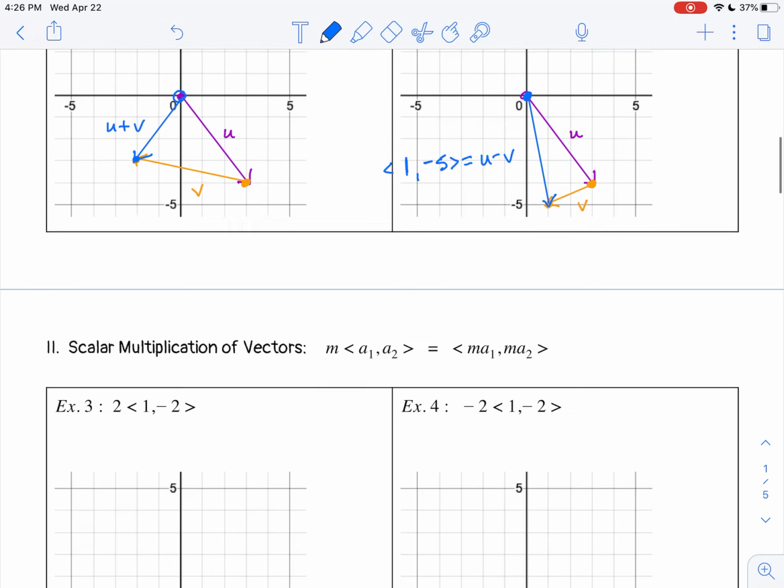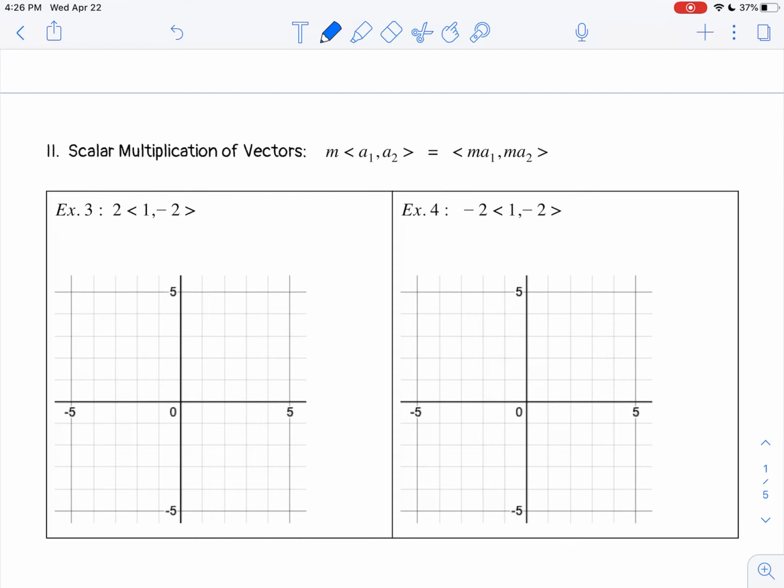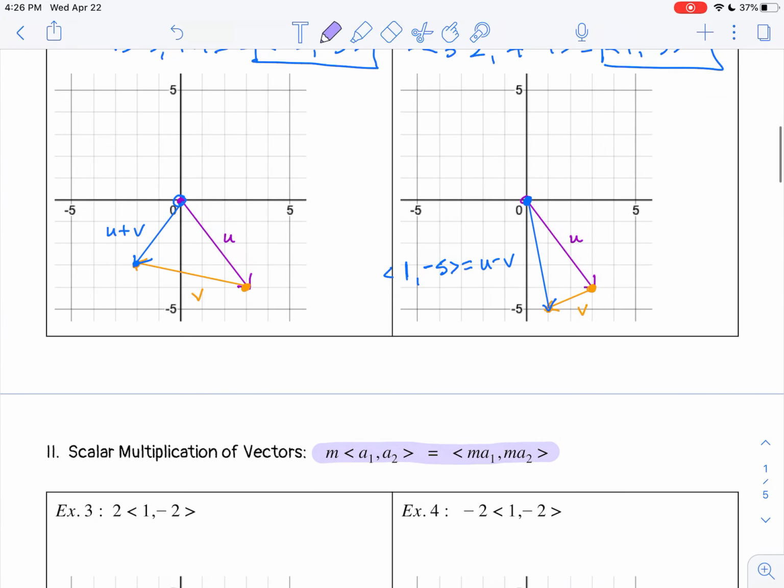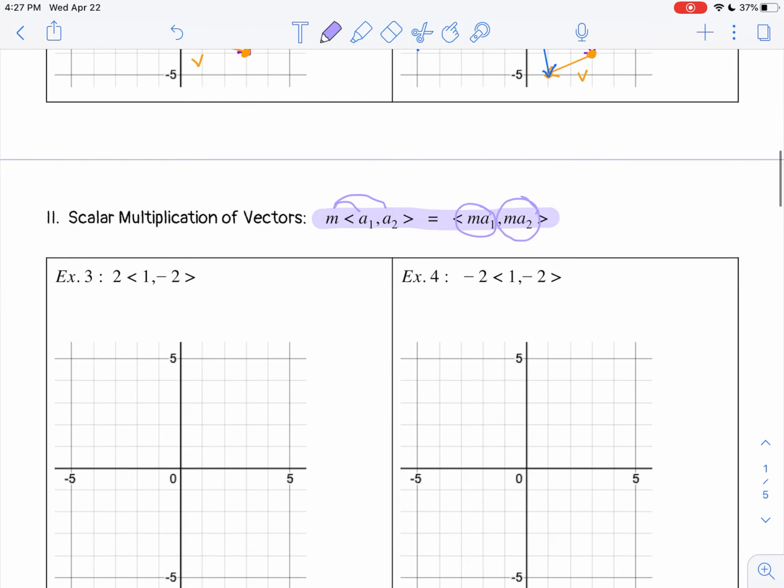Okay, so let's move on to something called scalar multiplication. So in scalar multiplication, we have this rule that says if I have a number in the front, m, and I multiply it by the vector, I can basically distribute that m to the horizontal component and to the vertical component. Okay, so this m gets distributed here, and that's why I get m times the horizontal component and then m times the vertical component.